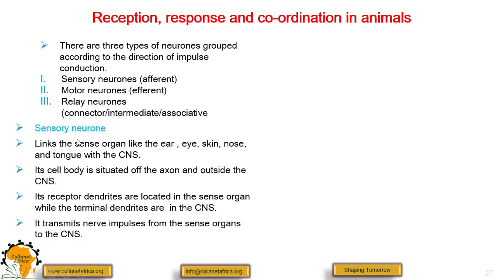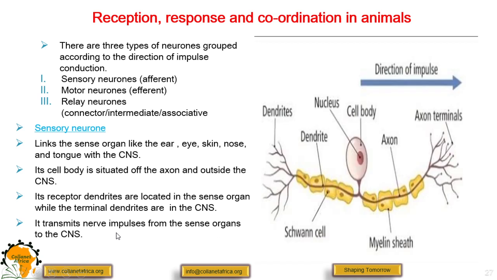The role of the sensory neuron is to transport impulse from the sense organs to the central nervous system. That is why the sensory neuron transports information from the sense organs all the way to the central nervous system.